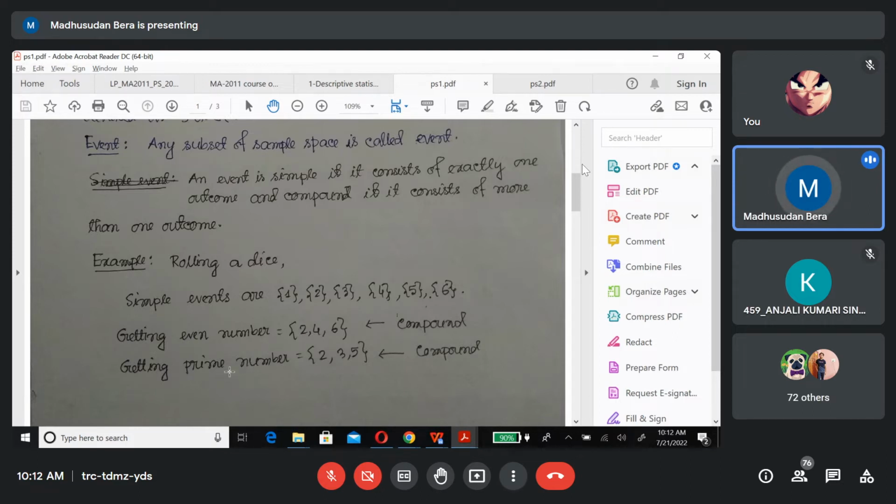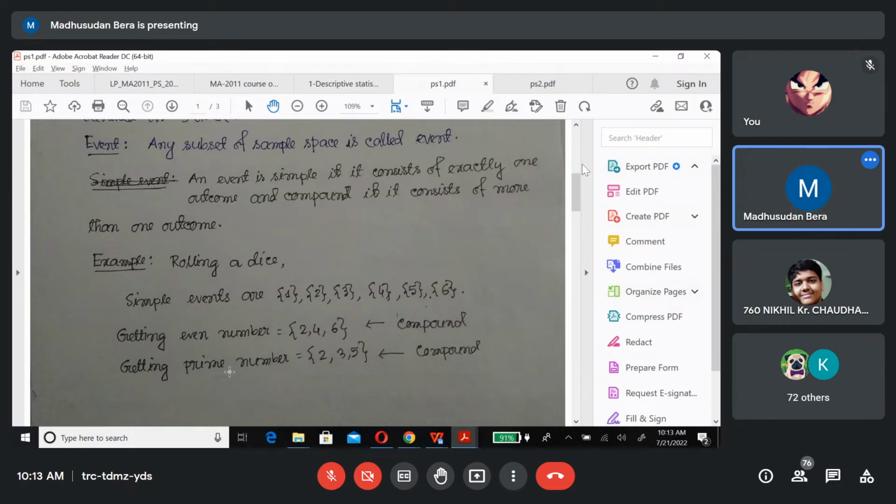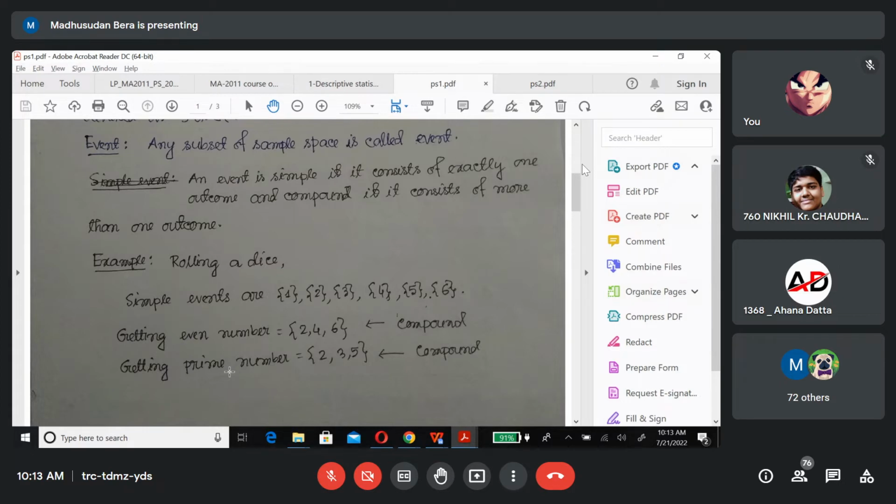Getting a prime number. What are the prime numbers? 2, 3, 5. Tell me, 1. Is 1 a prime number or not? No, sir. Why is it not? What is the definition of prime number? Your answer is correct. Can anyone tell what is the definition of prime number? It is divisible by 1 and the number itself. Then 1 is divisible by 1 and itself. It will be greater than 1.